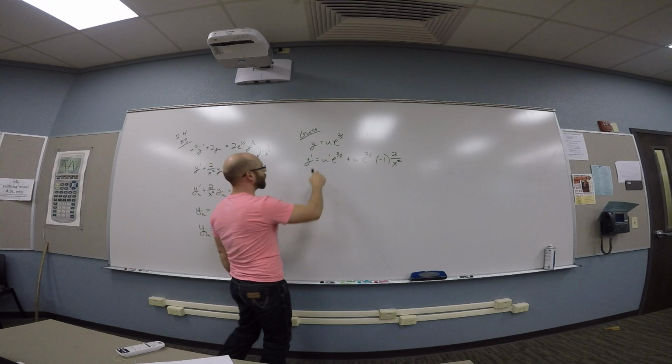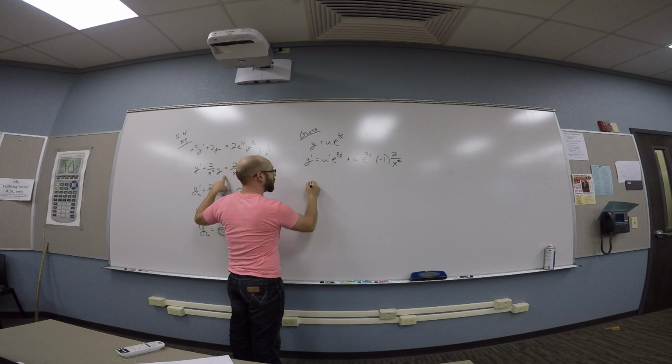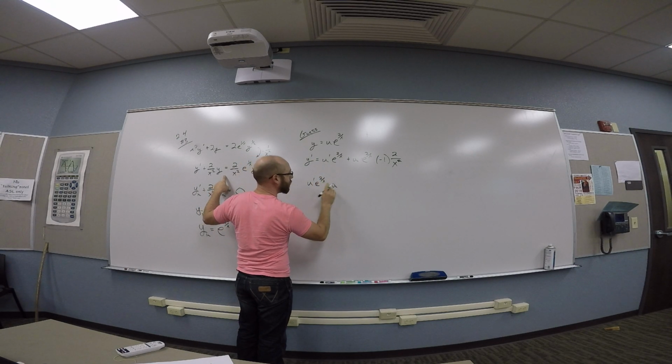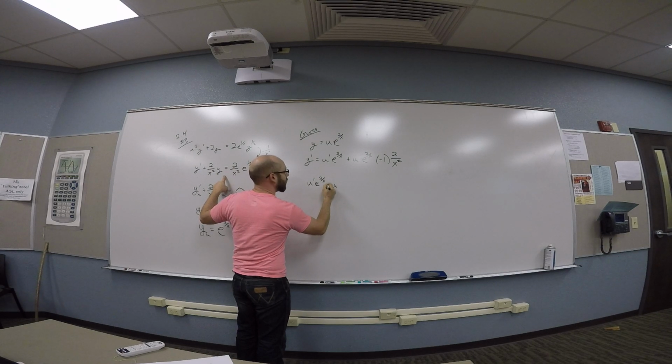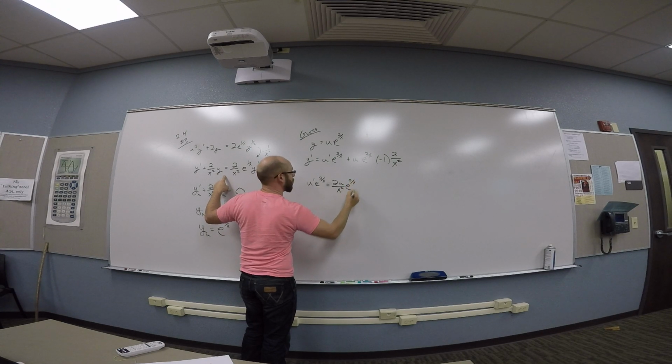Okay, so then you take this and plug it back in to here. So I got u prime e to the 2 over x minus 2u over x squared e to the 2 over x.